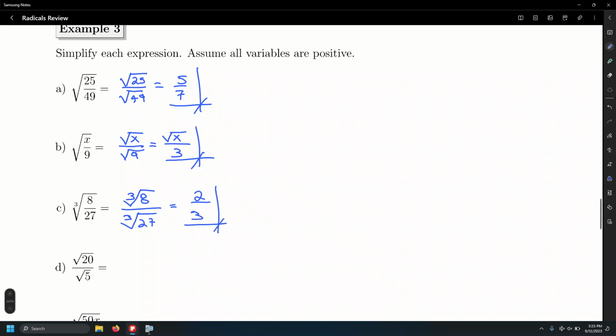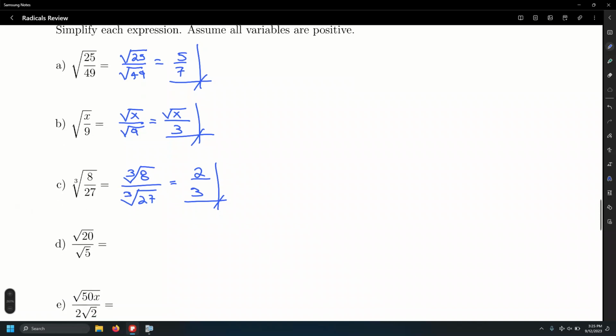In fact, I think this was one of the examples when we were looking at the definition, but now we're using a property of radicals, that is the quotient rule of radicals. For examples A through C, we have one big radical that we rewrite as a quotient of two radicals and simplify each individually.